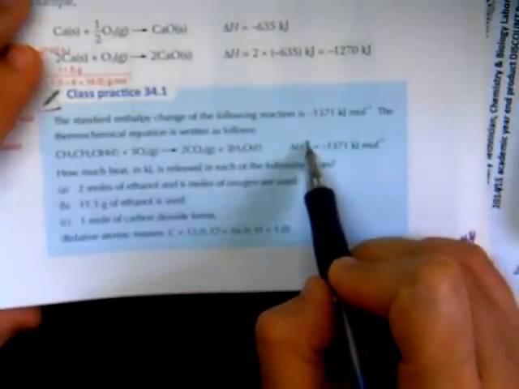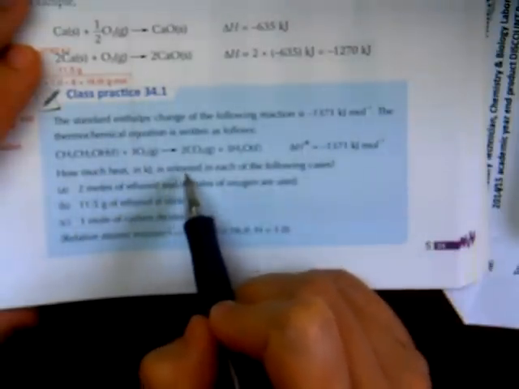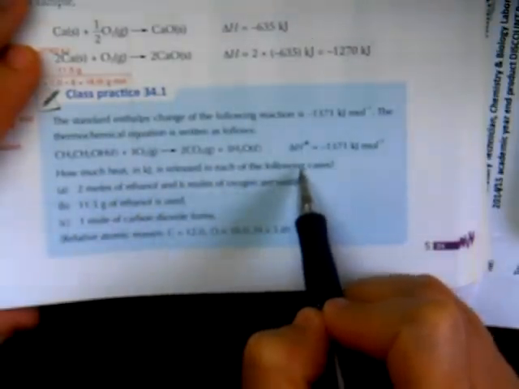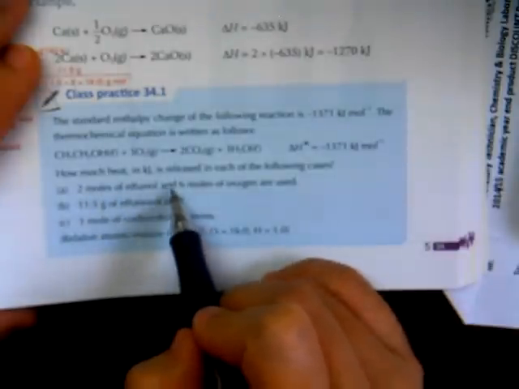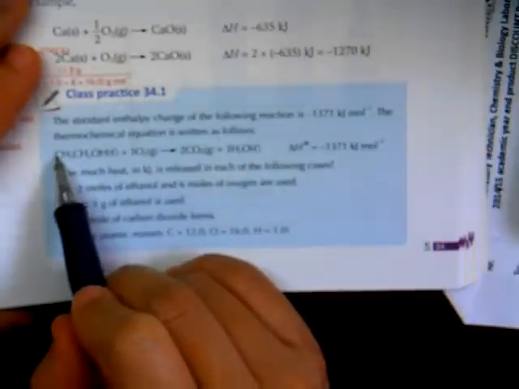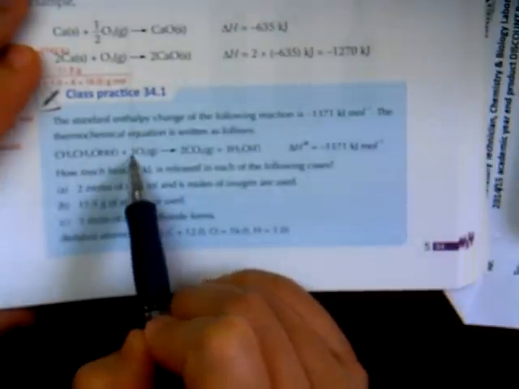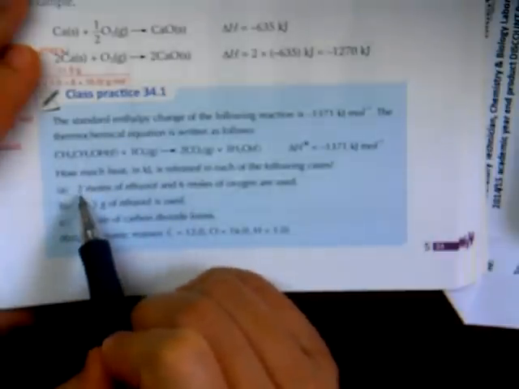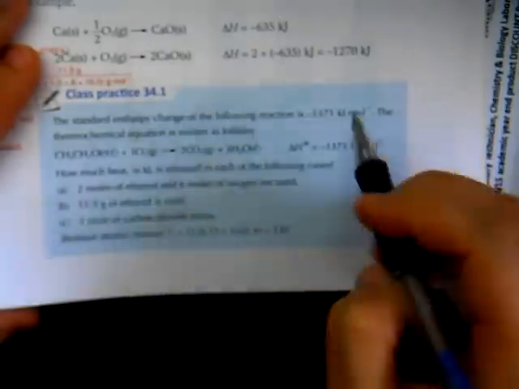Do you understand? So, how much heat in kilojoule is released in each of the following cases? When 2 moles of ethanol and 6 moles of oxygen are used. By looking at this equation, we are talking about 1 mole reacting with 3 moles. Now it asks about when 2 moles of ethanol and 6 moles of oxygen.